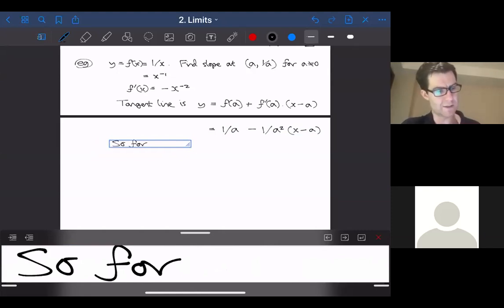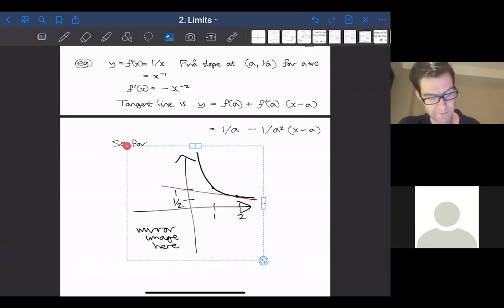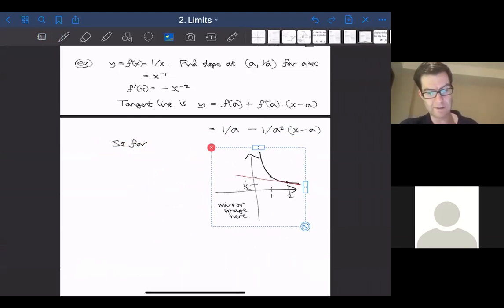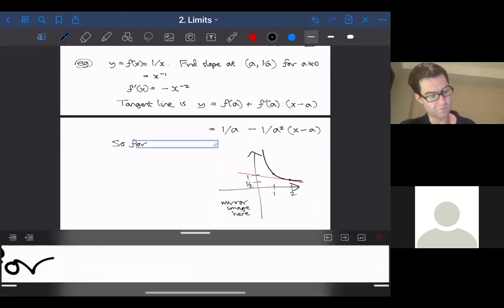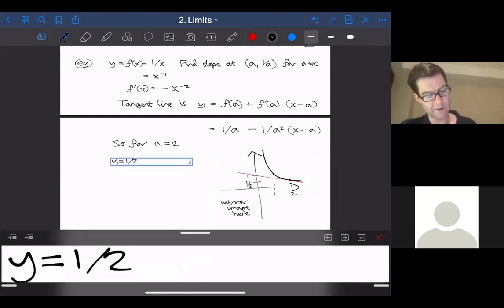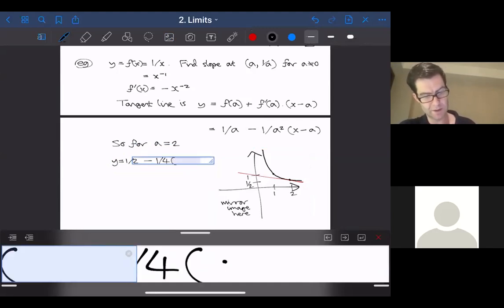What did we do? We had a picture from before. I guess it was this. So for a equals 2, we again get this answer. y is equal to a half minus a quarter times x minus 2.